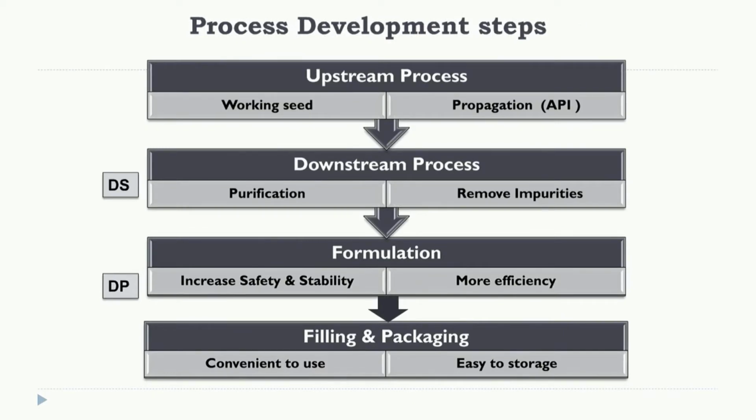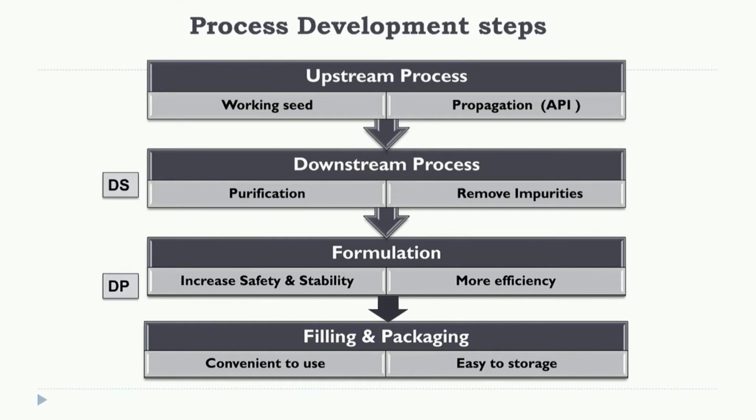In process development, we have major steps. We have two components, DS, drug substance, and DP, drug product. There are process steps of upstream process, where you have shake flask, working seed, and fermentation, where we have the propagation of the bacteria or virus, followed by downstream process, which is the purification of antigen, where we remove the impurities, we remove the contaminant, and polish our antigen.